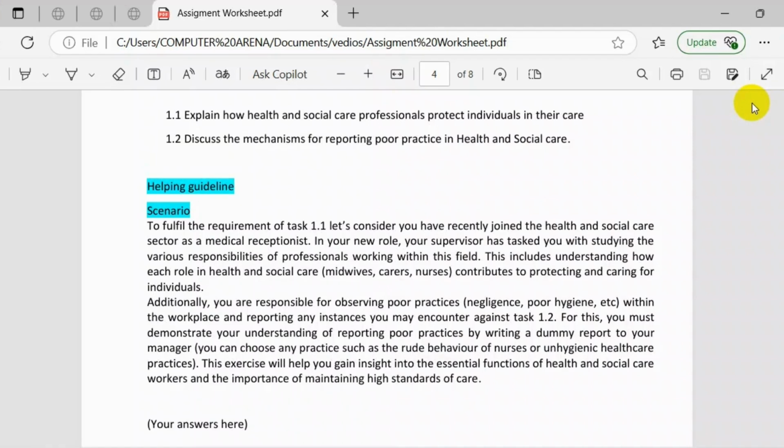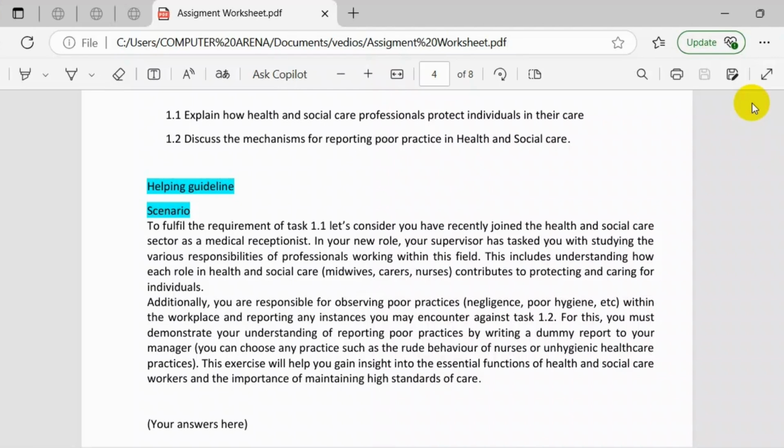For assessment criteria 1.2, you have to discuss the mechanism for reporting poor practice. Let's say you, as a health and social care worker, observe a poor practice around you and you decide to report it to your manager. For this, you have to write a dummy report to your manager explaining what poor practice you have observed and how this poor practice affects the individual.